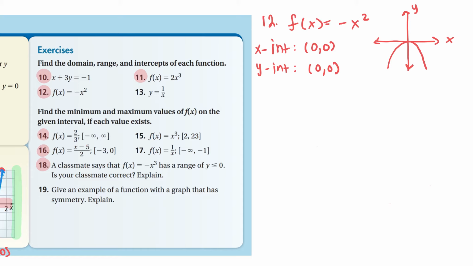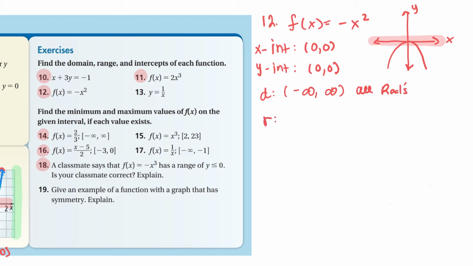So now we're going to talk about the domain, and I'm going to use the highlighter to indicate that I'm going to start from the lowest x value and go to the highest. So you notice it continues. So what is that going to be? It's going to be from negative infinity to positive infinity. Some textbooks or some teachers will say all reals.